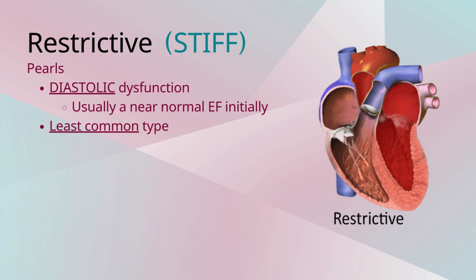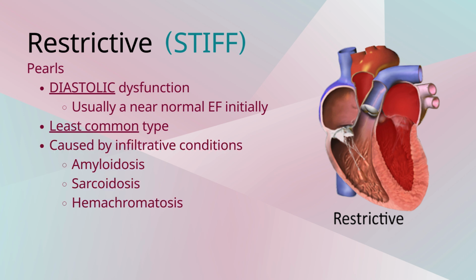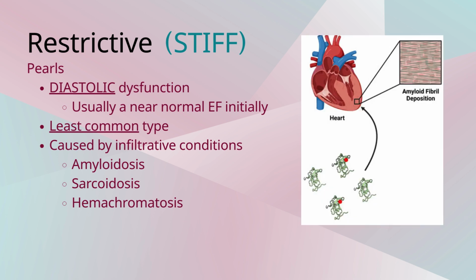It's commonly caused by and associated with infiltrative diseases like amyloidosis, sarcoidosis, and hemochromatosis. In these conditions, substances like amyloid proteins in amyloidosis, granulomas in sarcoidosis, and iron in hemochromatosis will actually deposit into the muscle tissue, making it stiff and rigid.